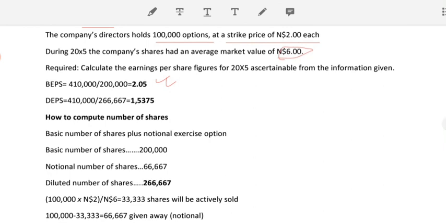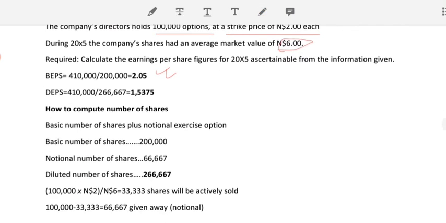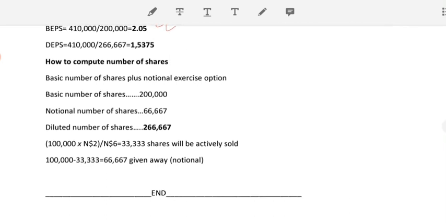How to compute the number of shares in the diluted earnings per share? The diluted number of shares is the basic number of shares plus the notional exercise of options. The basic we are talking about, this 200 we are having here, that's the basic. We will add the notional and we will calculate the notional here.